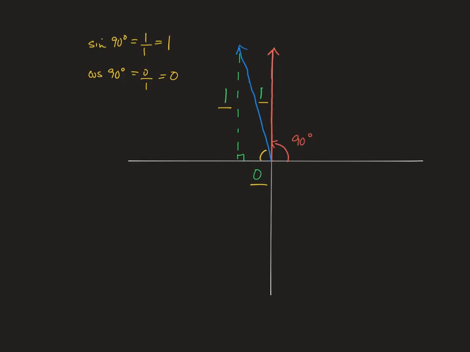And we might see something very interesting here on my tan of 90 degrees. My tan is going to be opposite over adjacent. And if I were to calculate 1 divided by 0, we see that we are going to get an undefined value because we can't divide by 0. That might give some people a little bit of help to work their way through and maybe see why something popped up a little bit earlier today as well.